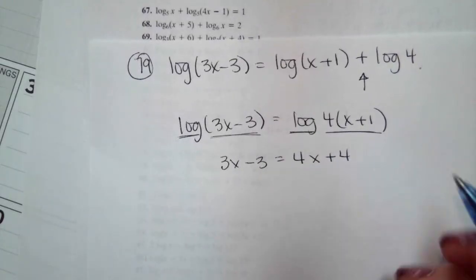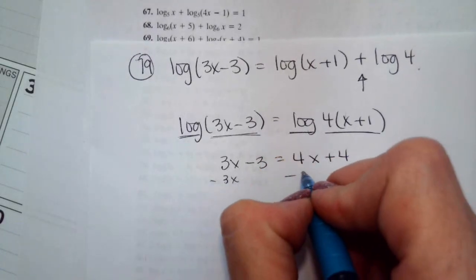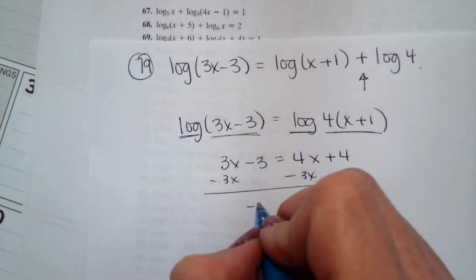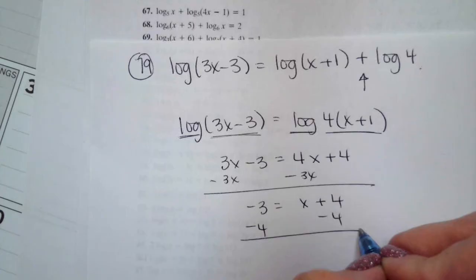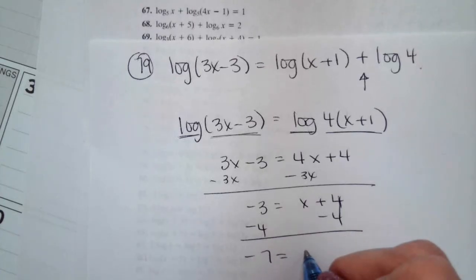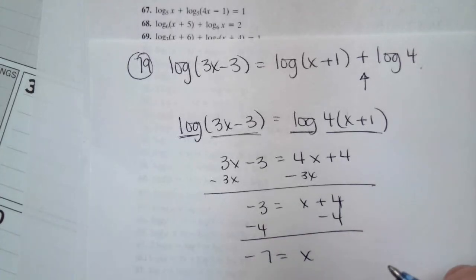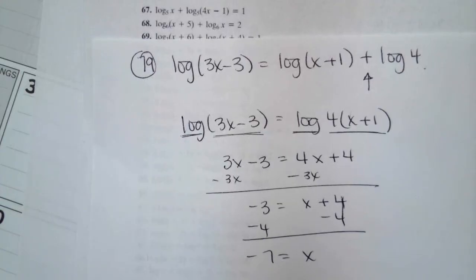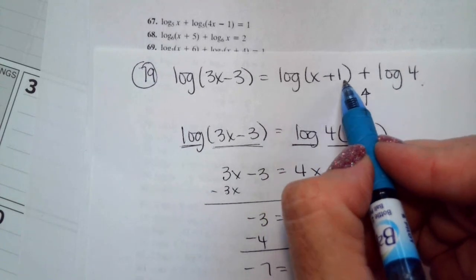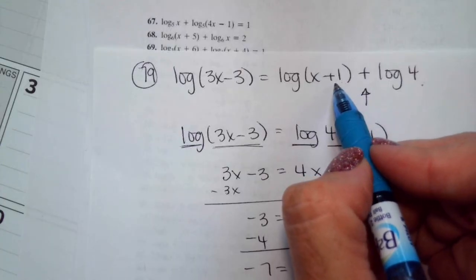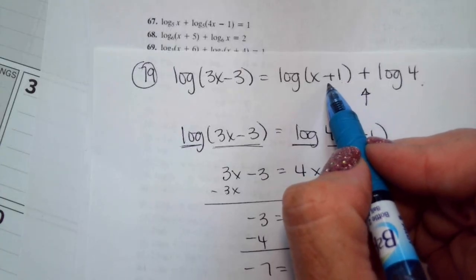And now I just solve for x. So we're going to subtract 3x from both sides and subtract 4 from both sides. All right, so I have x equals negative 7. Okay, so if I go and put this in up here, negative 7 plus 1 is going to give me negative 6. That's not going to work.